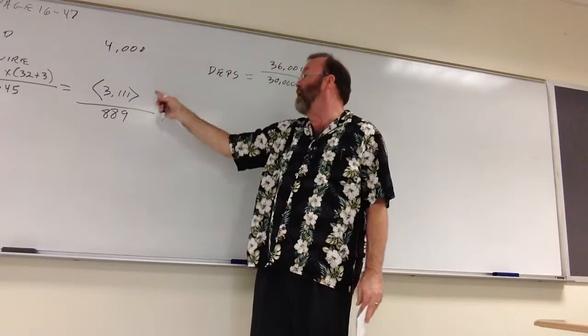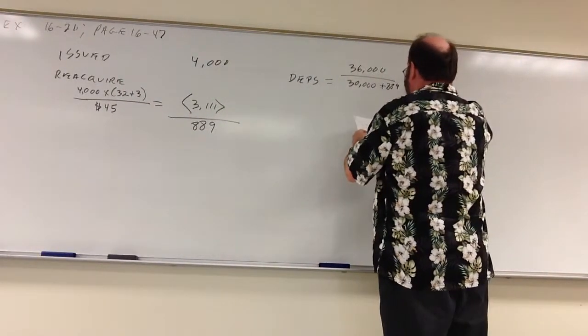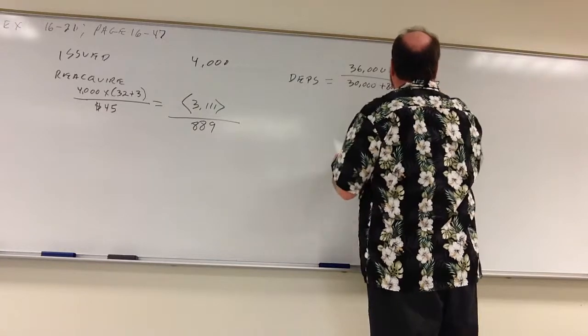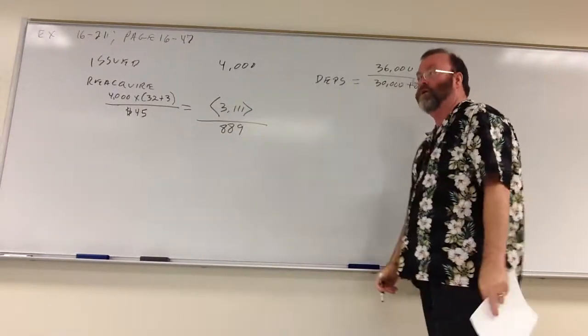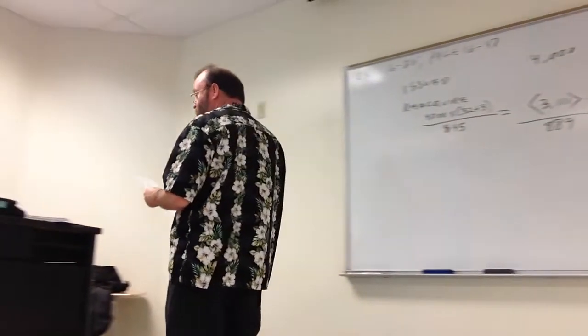So it's that minus that. And that's going to give us a $1.17 diluted earnings per share. Because stock options and stock warrants are always dilutive. They are always going to drive down the price. All right?